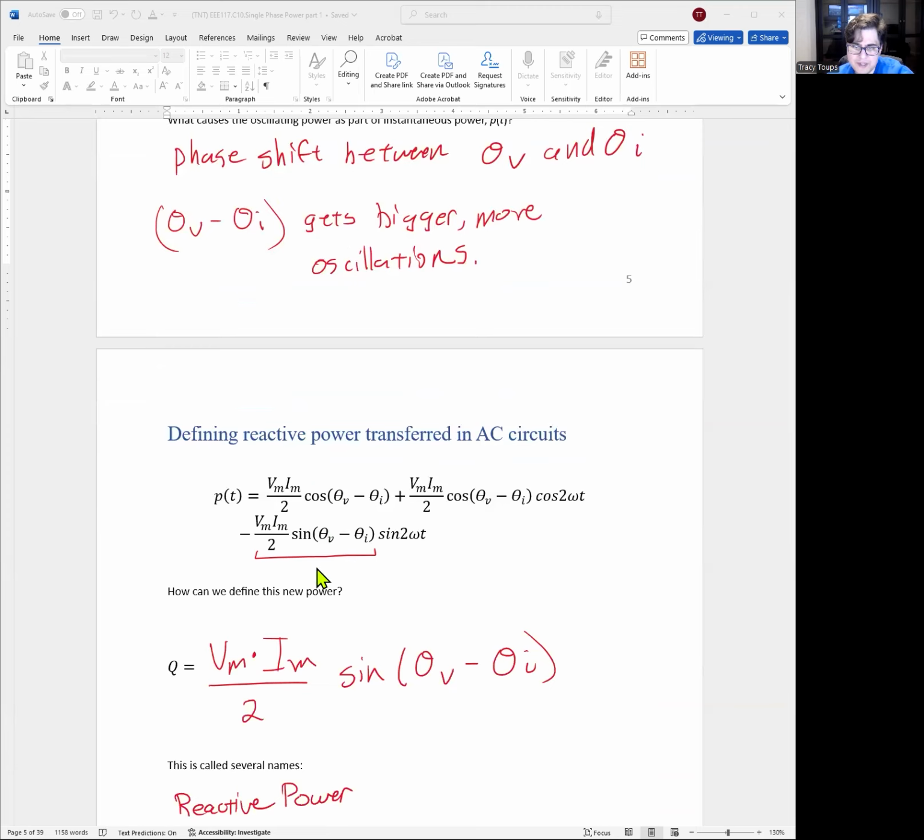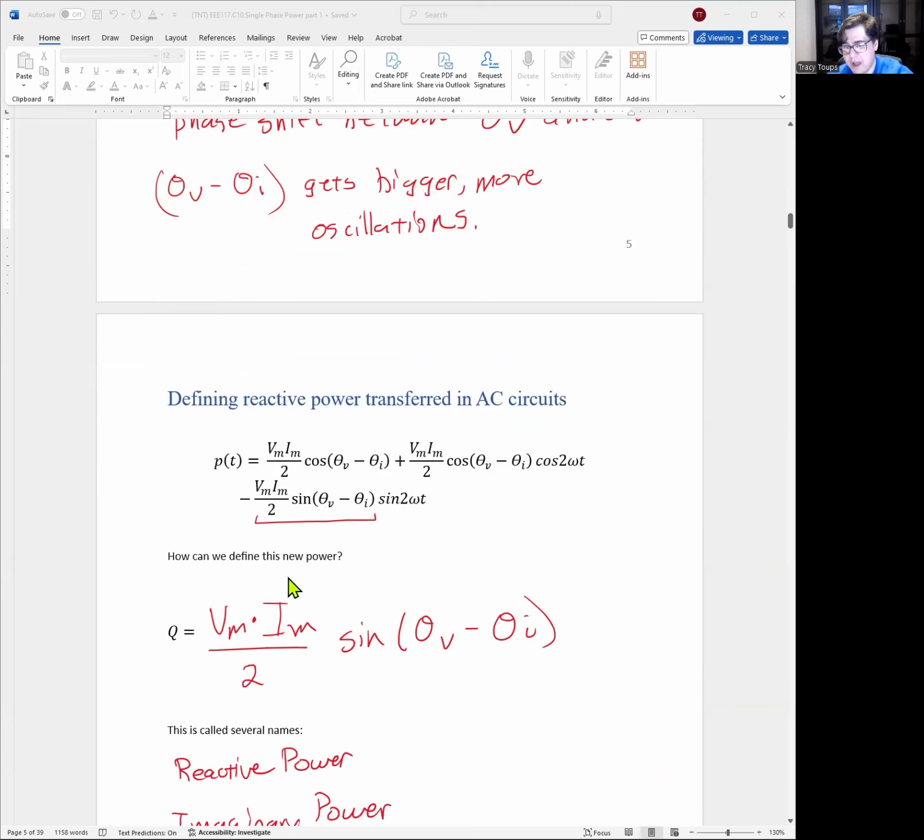Okay, so we could take this number right here and define a new power called reactive power, and they like to use capital Q. And capital Q is going to be equal to Vm times Im divided by 2, sine of theta V minus theta I. Okay, so this is just a math thing you're going to have to memorize. And this represents that oscillating energy, that red pocket.